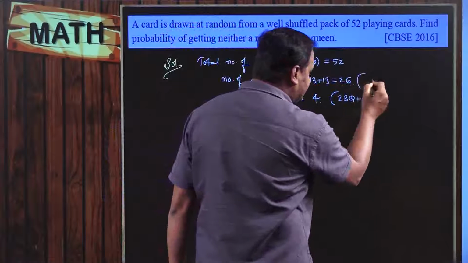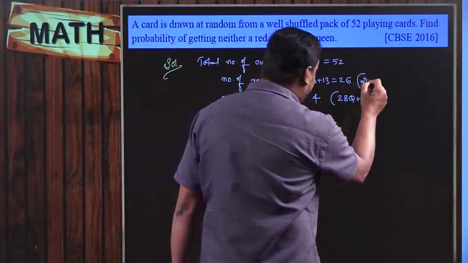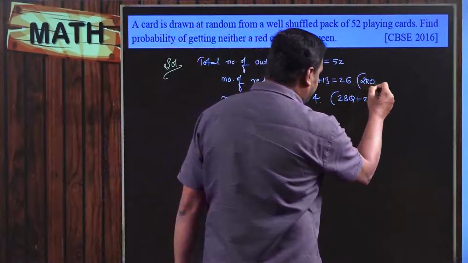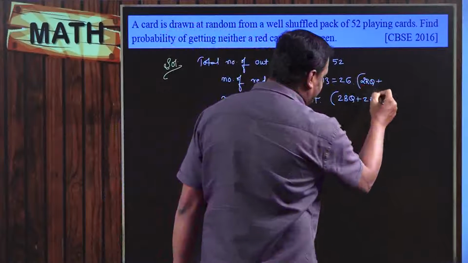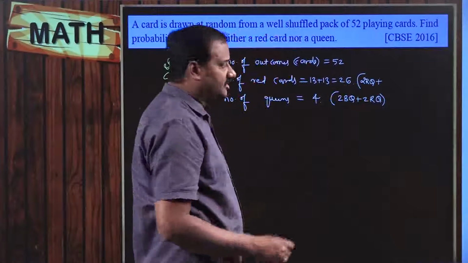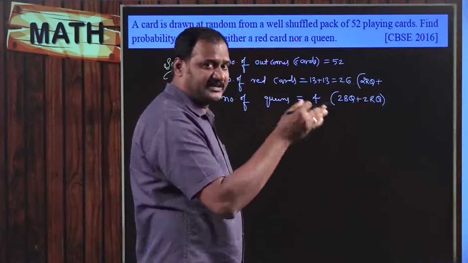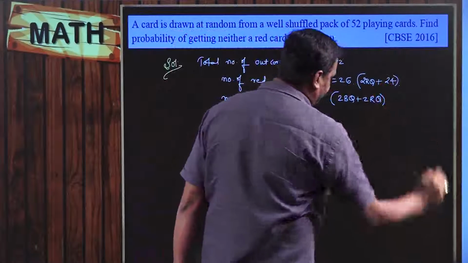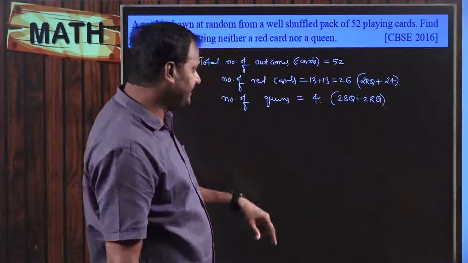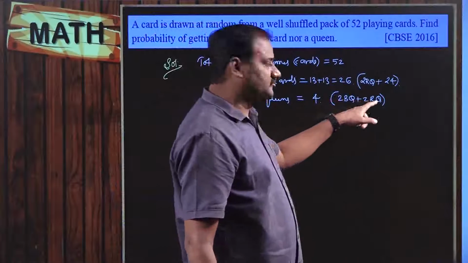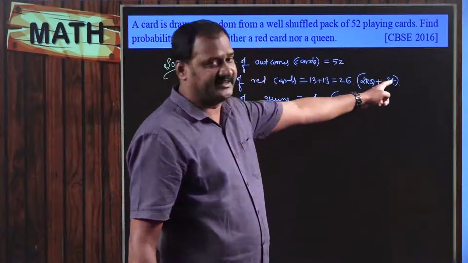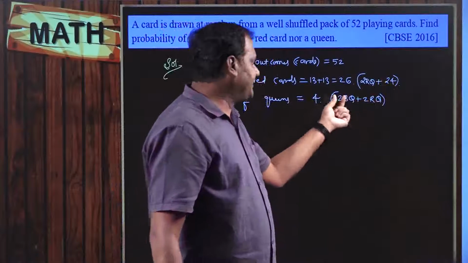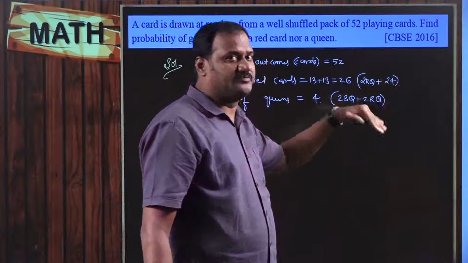In these 26 red cards, 2 red queens are already there, plus the remaining 24 cards. 2 plus 24 is equal to 26. The 2 red queens are already taken, so the remaining 2 black queens should be removed.